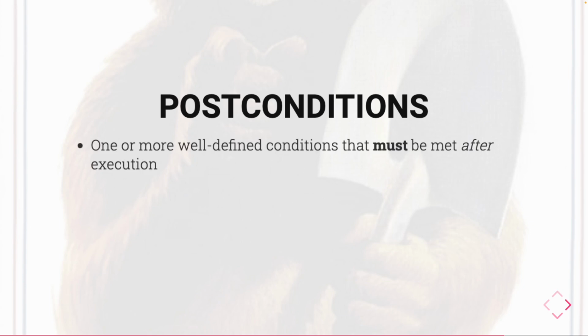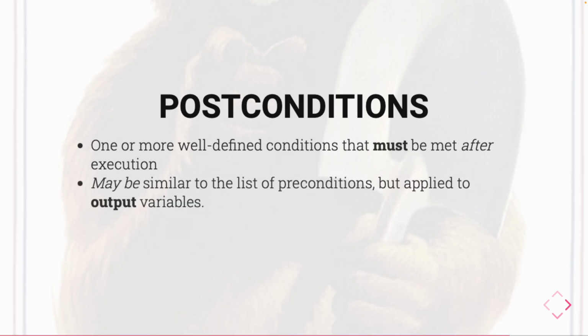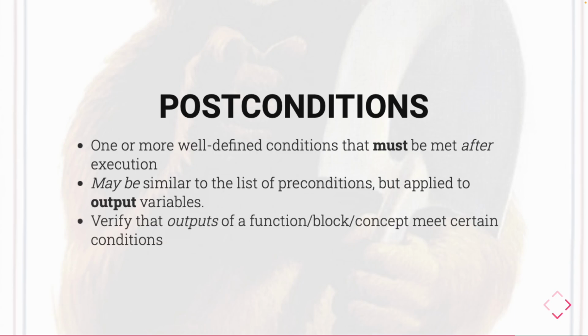The counterpart to preconditions are postconditions, which are one or more well-defined conditions that must be met after execution. They might be similar to the list of preconditions, but applied to output variables. And they verify that the outputs of a function, block, or concept meet certain conditions.